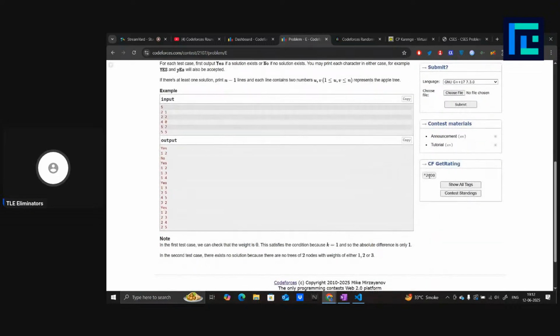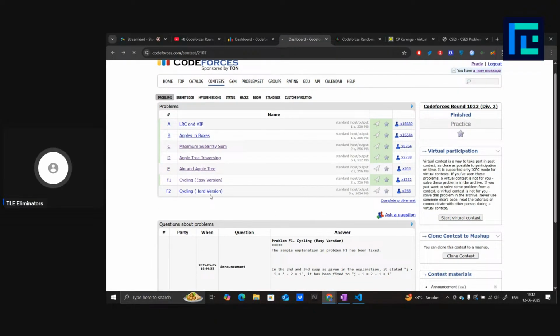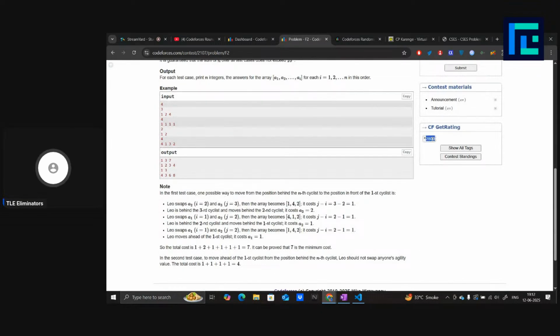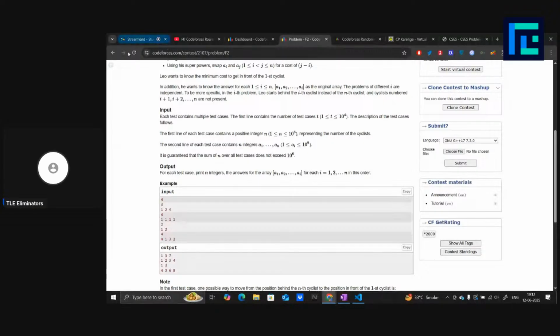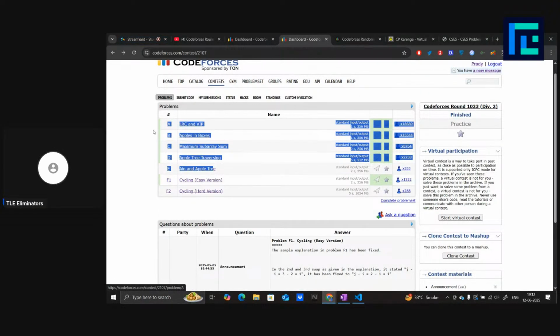E is of 2600 and F2 is likely 3000 or something. What is F2? It is loading right now. Yeah, F2 is of 2800. So I definitely could not solve anything in this contest because I already solved till A, B, C, D, and F1. So actually, it just depends.